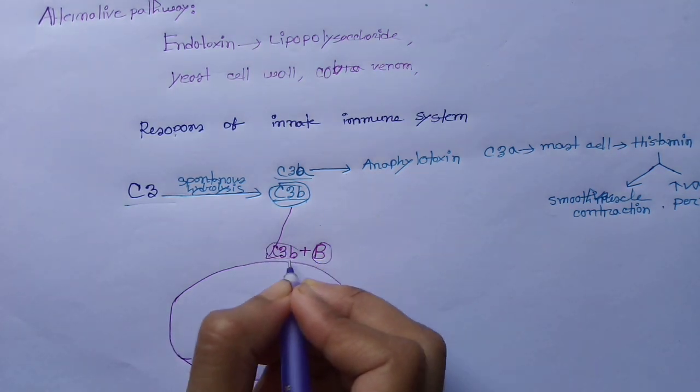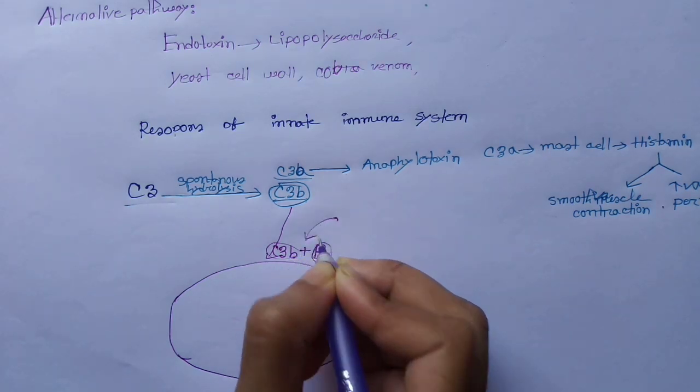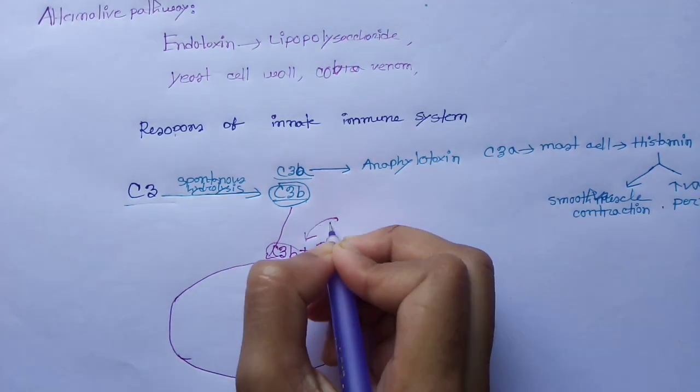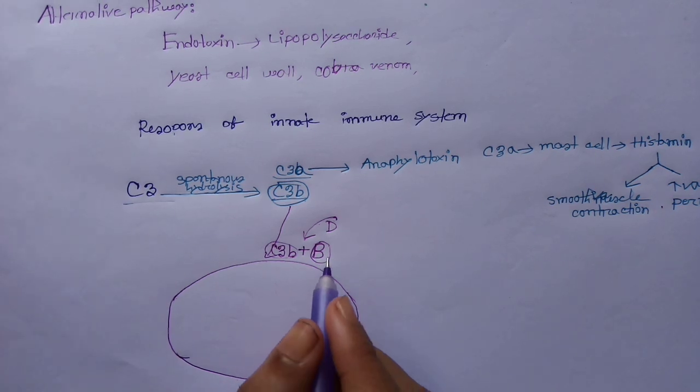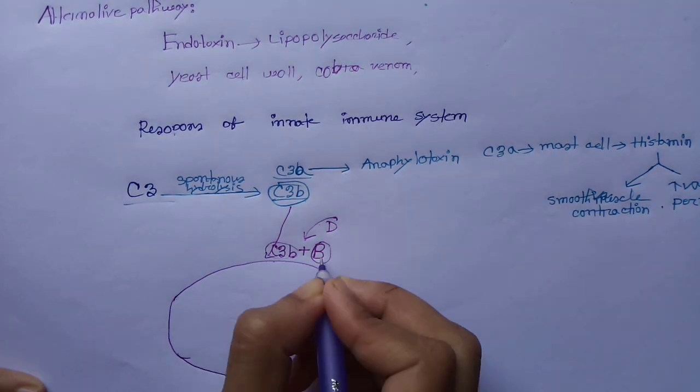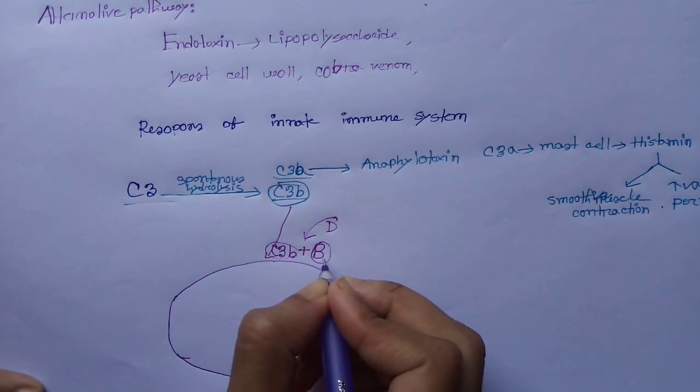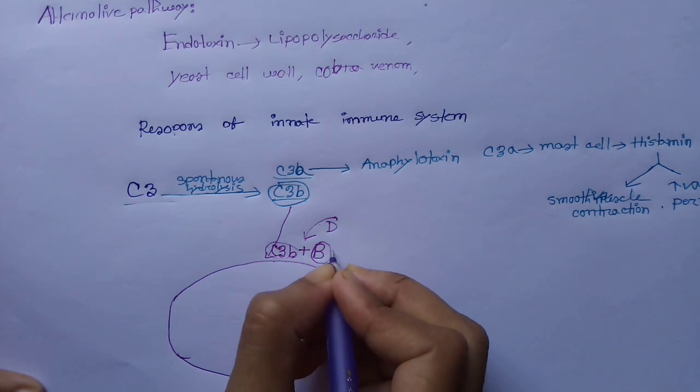Now, with the help of factor D, which is another type of factor, factor B becomes fragmented.